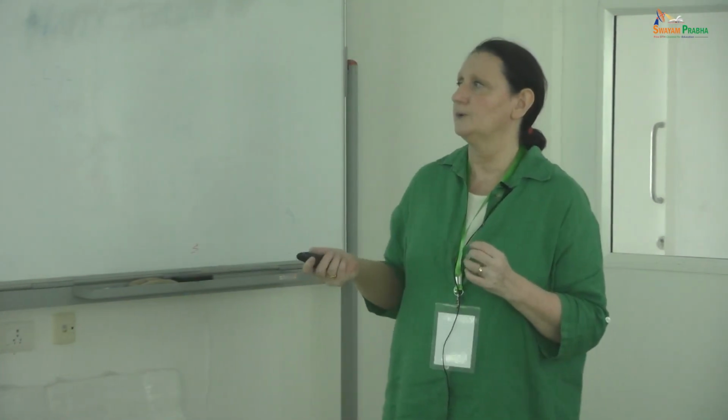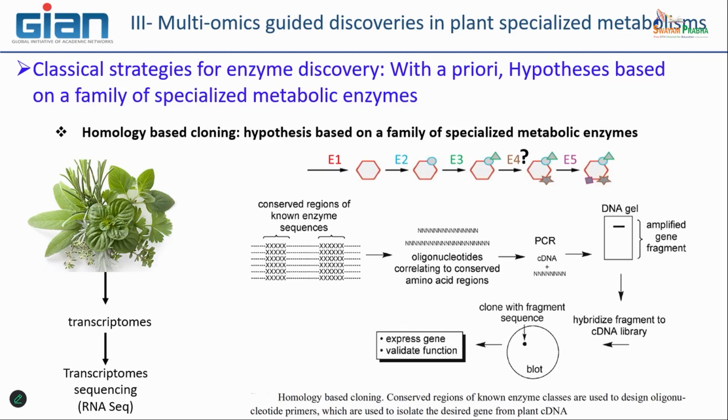These short sequences are very interesting because they can be used to design a specific oligonucleotide that can be used to make some PCR, polymerase chain reaction, in order to amplify, in your own cDNA library that comes from transcriptome analysis, genes that have this type of conserved sequence in the enzyme family.